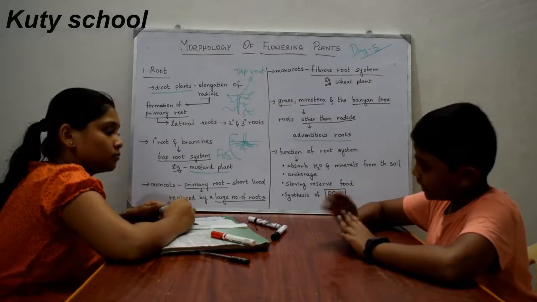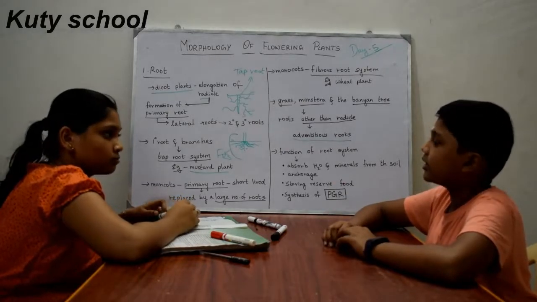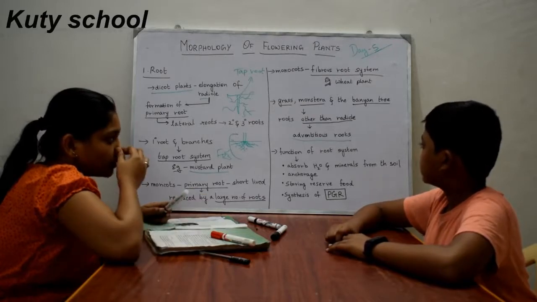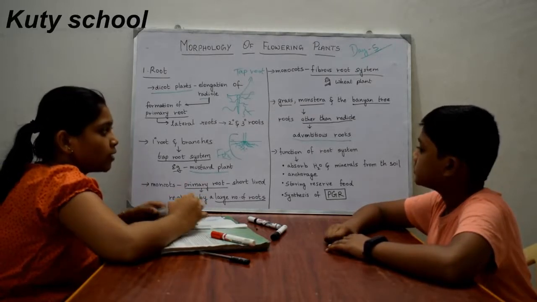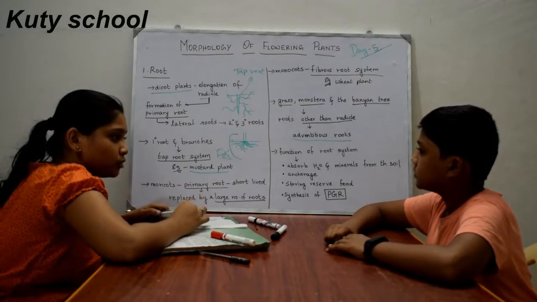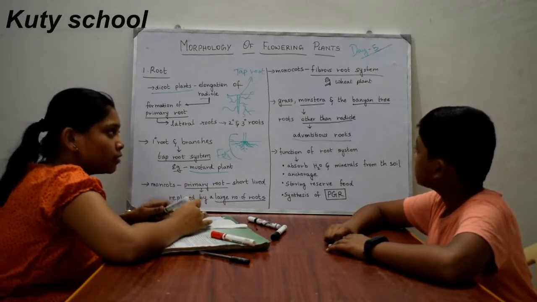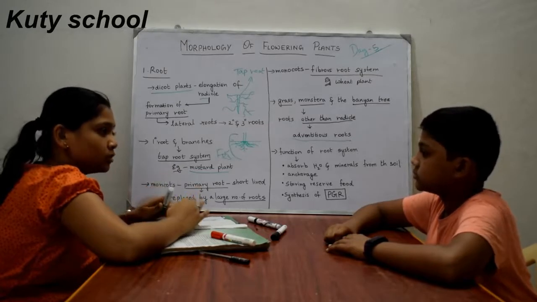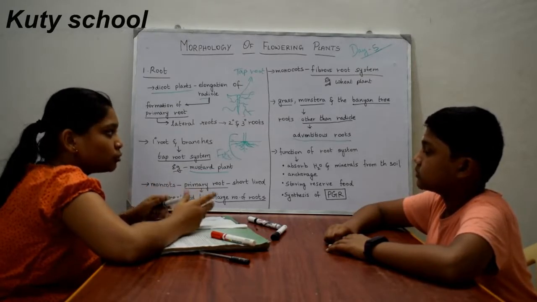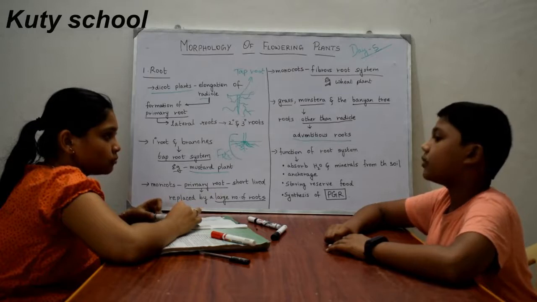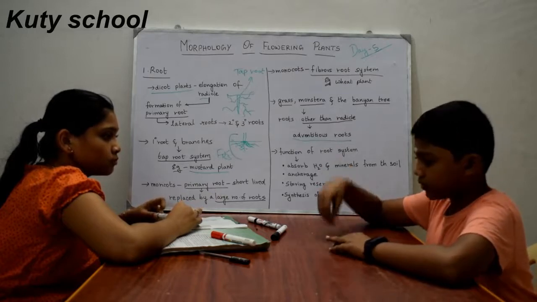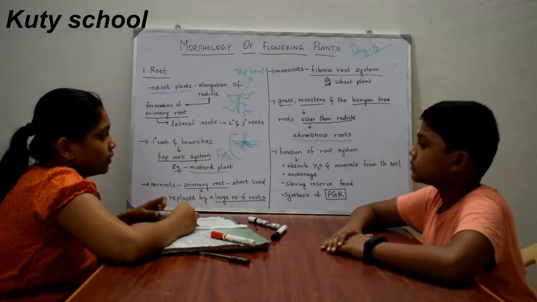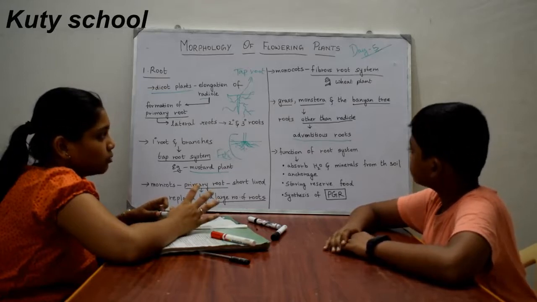So likewise, wherever roots other than the radicle grow, they are known as adventitious roots. In the banyan tree, the roots grow in the branches, and in monstera and grass, the roots grow in some other place. These are all adventitious roots. So this is all about roots.